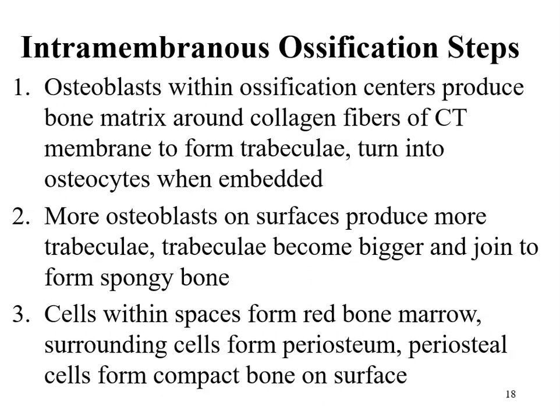So number 1, first step, we'll see osteoblasts within those multiple ossification centers, laying down collagen fibers and mineralizing those fibers on the surface of the connective tissue membrane. This forms the trabeculae of spongy bone. The osteoblasts become osteocytes once they secrete as much matrix as possible.